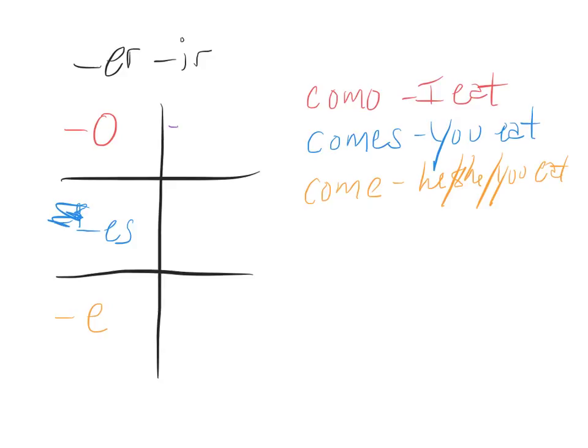Now for the we, we're actually going to have two endings here. So emos for ER and imos for IR. So comemos, we eat. And if it's an IR verb, you simply just use the imos instead.